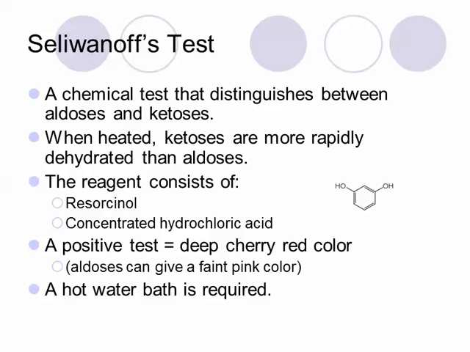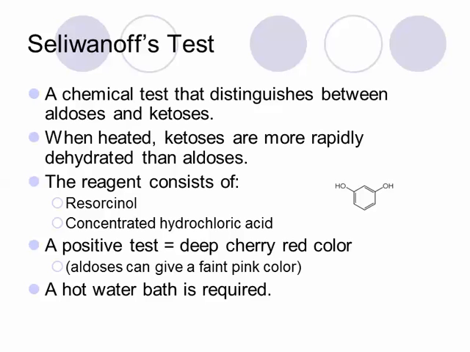When heated, the ketoses are actually formed quicker. The products of these ketoses are formed quicker than the aldoses. So it's all about time here. Time is very important. In those lab books, you should be writing down the time that these reagents changed with the Seliwanoff test, because that will tell you whether it's an aldose or ketose.